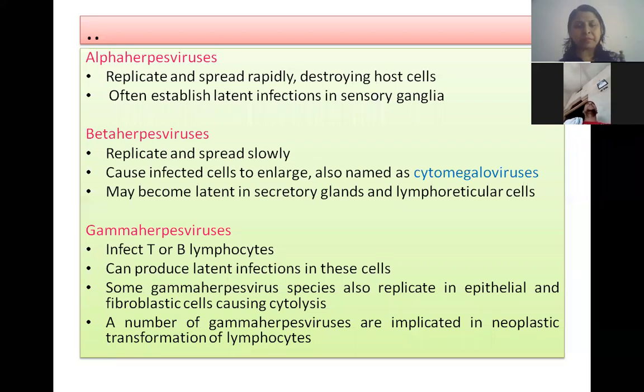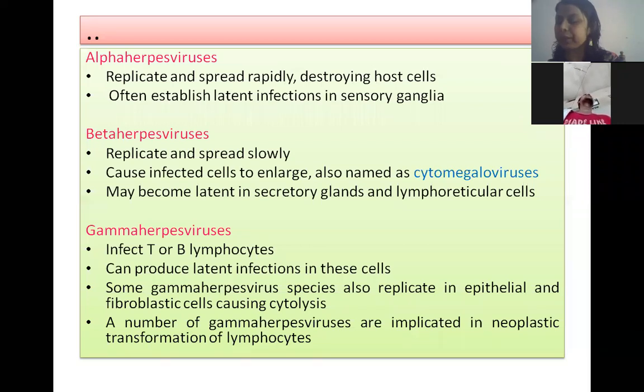Latent infection is a characteristic of the Herpesviridae family, and these cause latent infection in sensory ganglia, meaning the ganglia of the peripheral nerves. Beta herpesviruses cause the infected cells to enlarge, which is why they are also known as cytomegaloviruses, and they become latent in secretory glands and lymphoreticular cells.